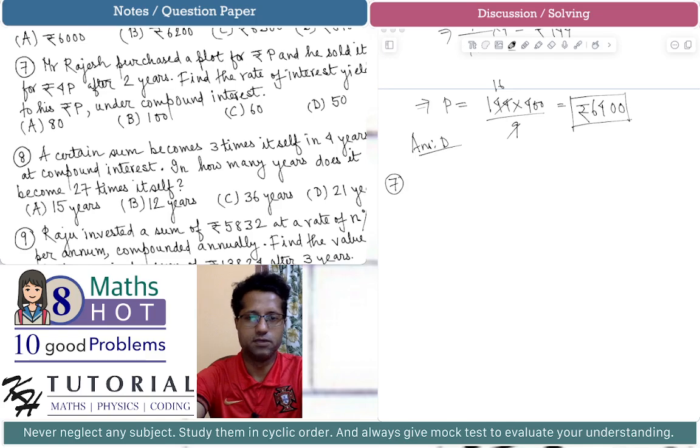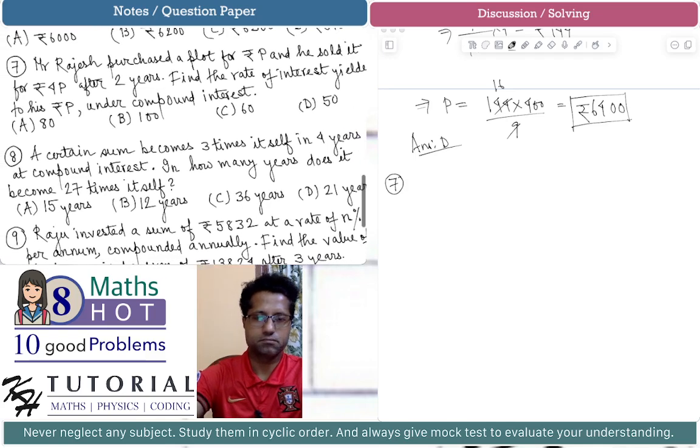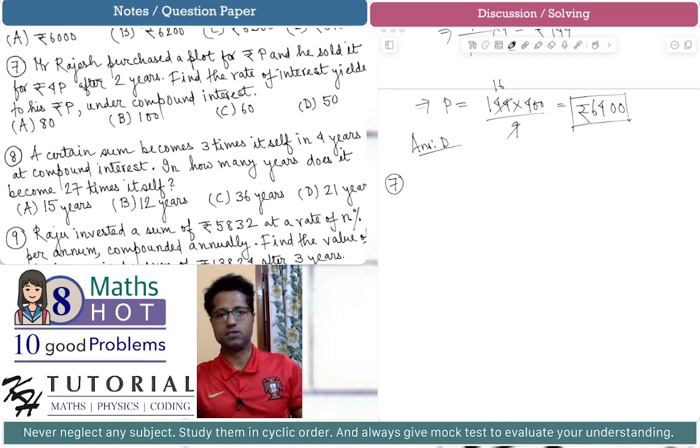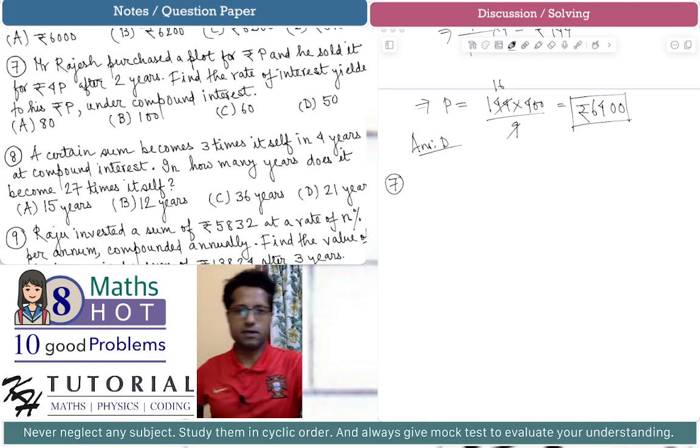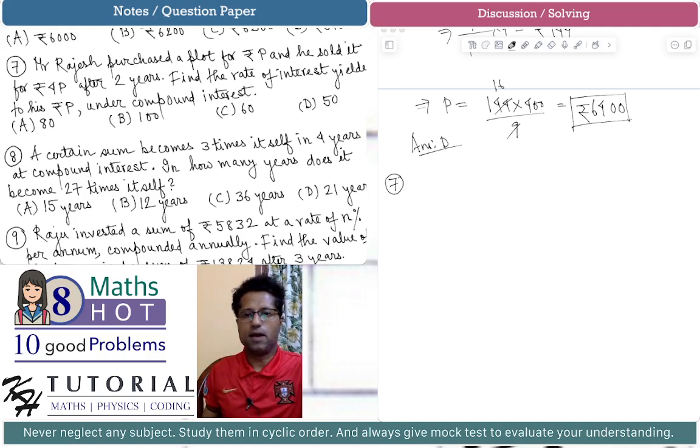Now, this language is a little complex. It is not really very straightforward, but I guess what the problem is saying is that Rajesh purchased a plot for rupees P, and that rupees P amounted to rupees 4P in 2 years after some kind of investment, and so we are asked to find the rate of interest when the interest is compounded annually.